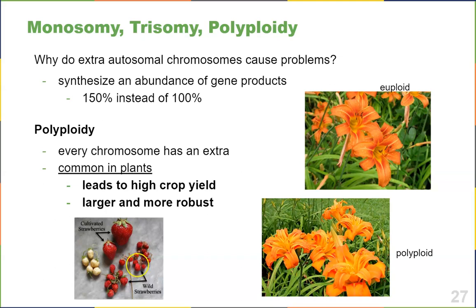In fruits and vegetables, they're going to have larger fruits and vegetables, a larger yield, and they'll be more robust. Whereas like these wild strawberries that grow in your backyard, they're pretty tiny, but we've kind of genetically engineered strawberries to get bigger, and so we can have more to eat.